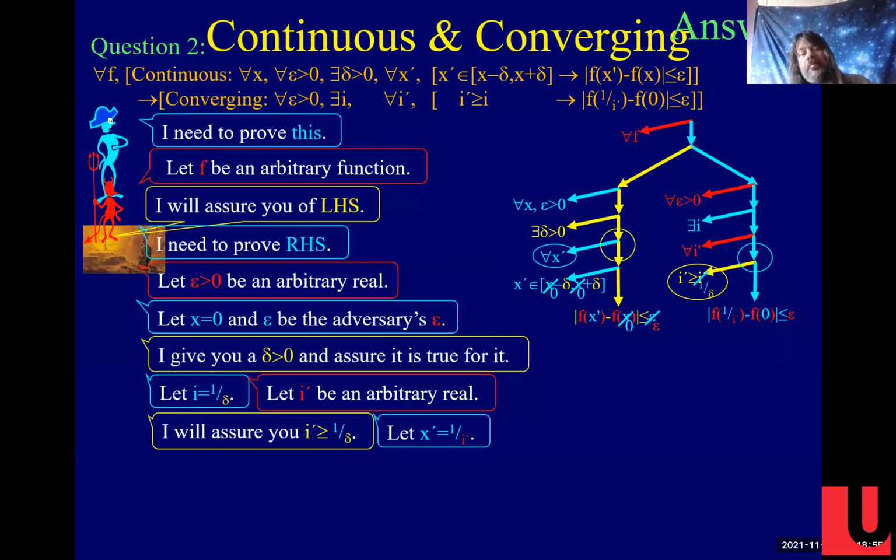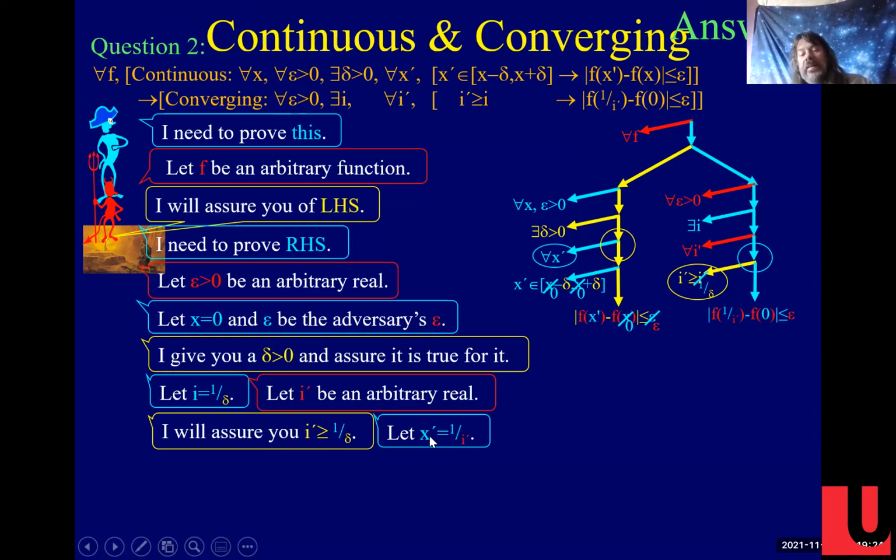And then now again we have to prove this, right? So we're stuck again. So we come back up here and we're able to give the oracle some value of x and some value of x prime, right? And again, there's a relationship here between x prime and 1 over I prime.